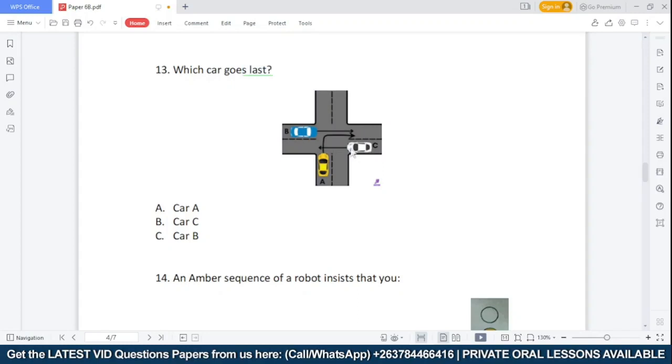Car C will go first and car B too, under rule 3, which says cars in the same lane will move at the same time. So as car C goes first, because it has the right of way, car B will take advantage and also go. So the car that will go last is car A, which is option A.